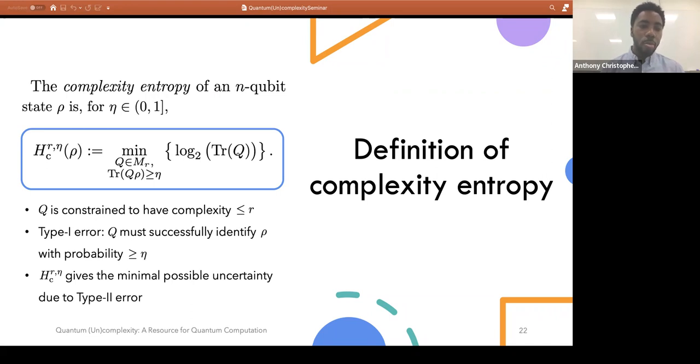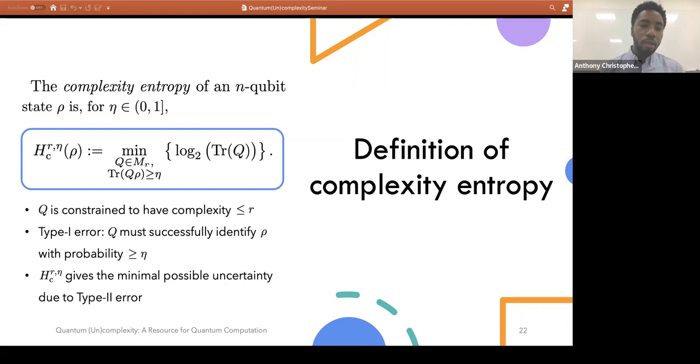So here we see that we're minimizing some quantity, looks like a surprisal, of some trace of a measurement operator Q. Now Q is sourced from this set I mentioned before, M sub R.